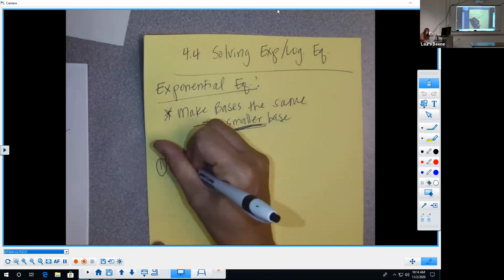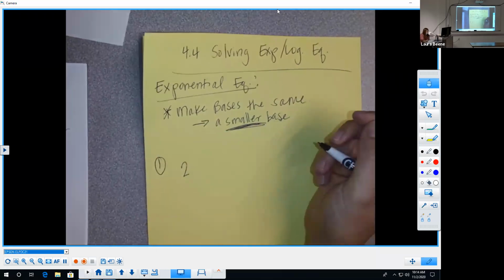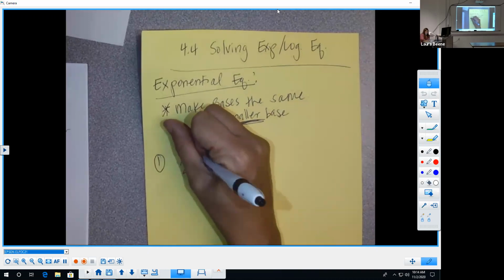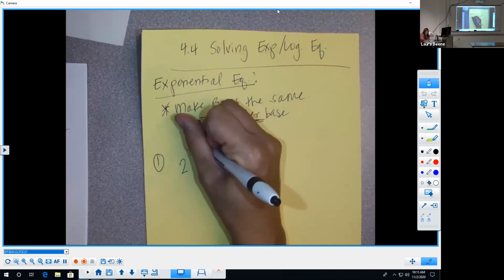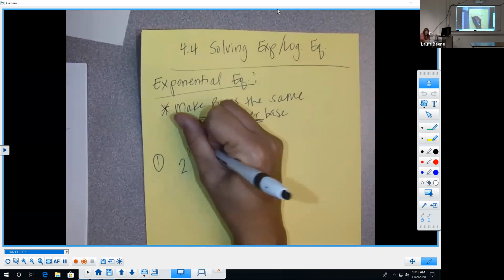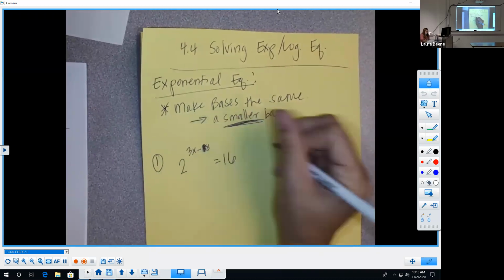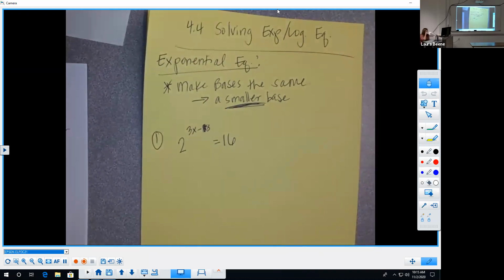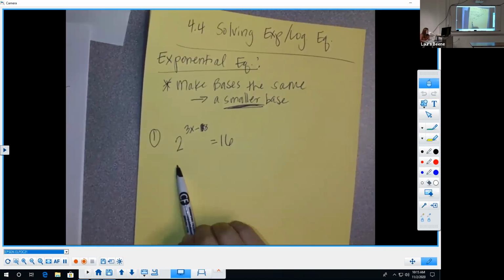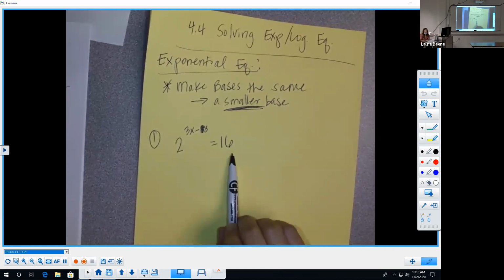So for example, if I have the problem 2 to the 3x minus 8 equals 16. Okay, so look at your bases here. On the left-hand side, I have the base of 2. On the right-hand side, I have a base of 16.